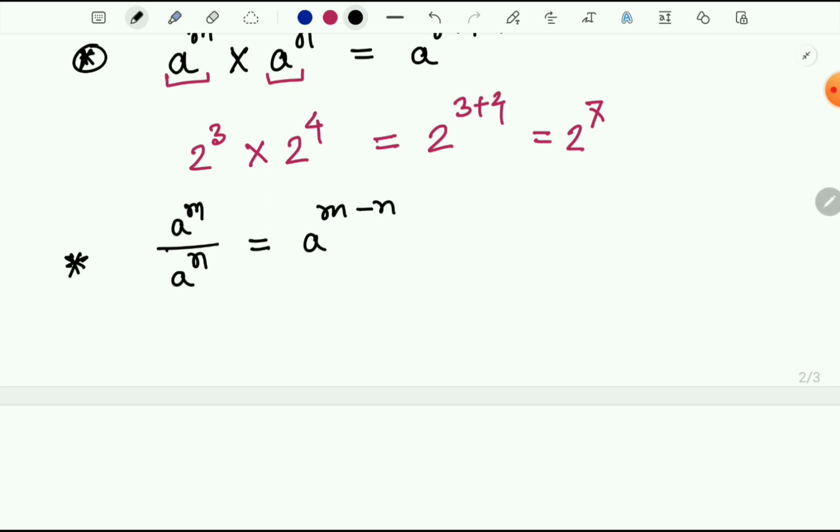With the same base, 2 power 4 divided by 2 power 3, we can simply write 2 power 4 minus 3, which is 2 power 1, equal to 2.